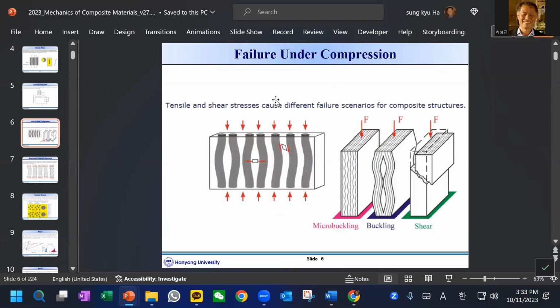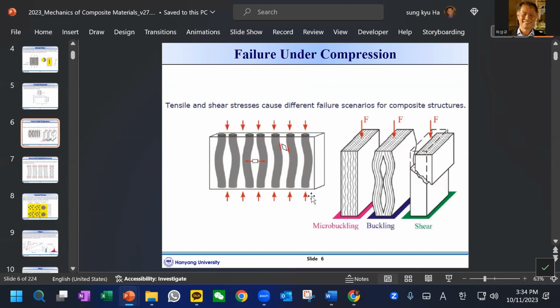Now, another issue is the failure under compression. We already reviewed the behavior of compressions of the carbon fiber. Under compression, the fiber cannot effectively support the compression load.